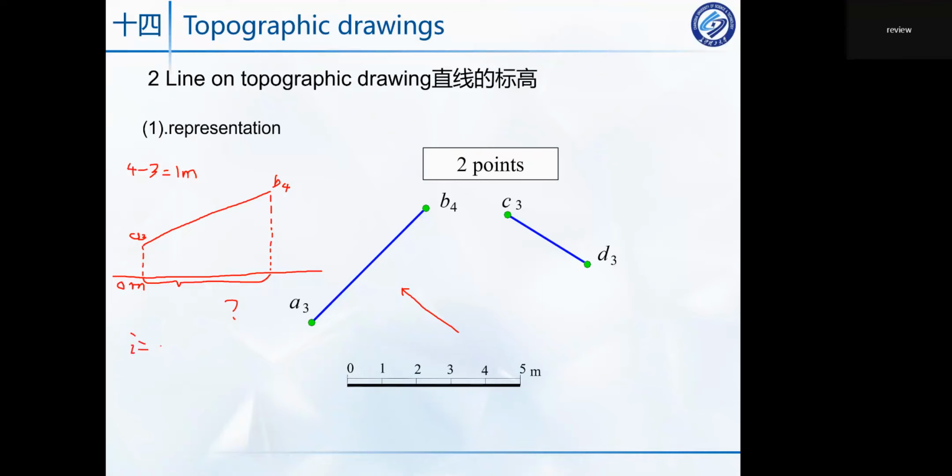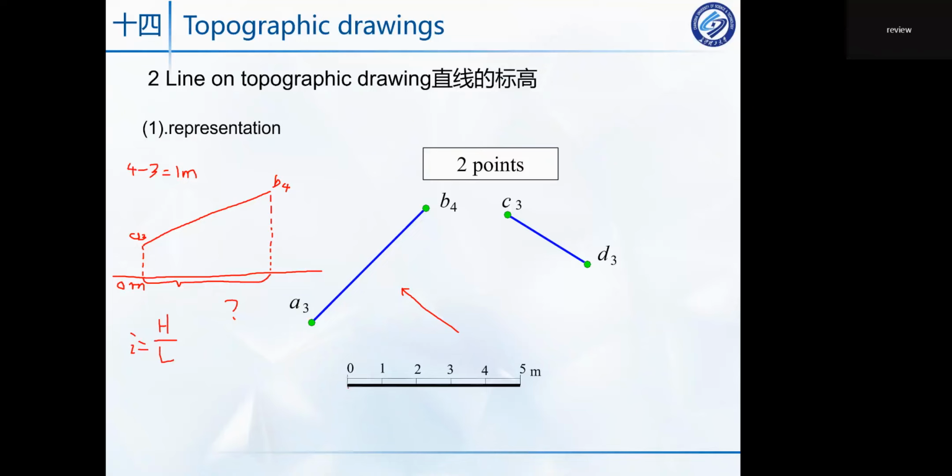Maybe you remember i is equal to L divided by H. No, sorry, I made a mistake. i equals H divided by L. H is the difference in the elevation between 2 points, and L is the horizontal distance of the projection of these 2 points.